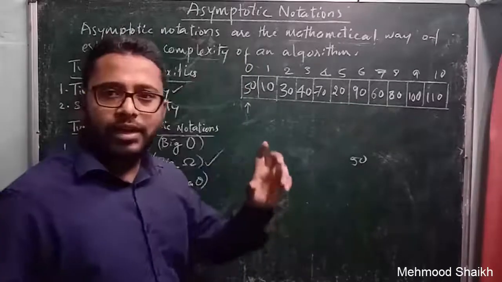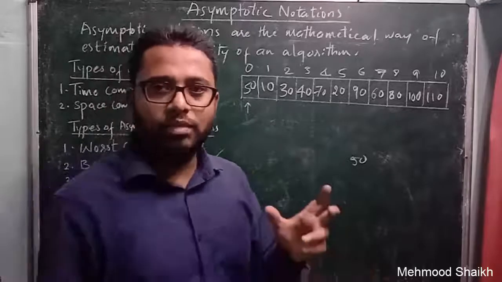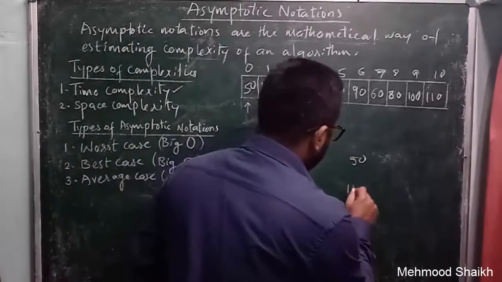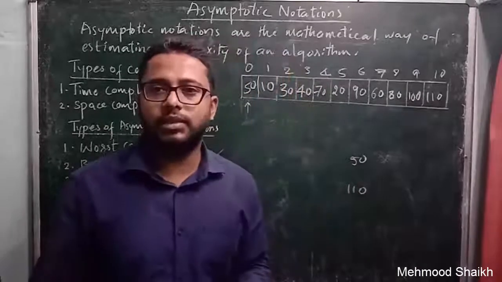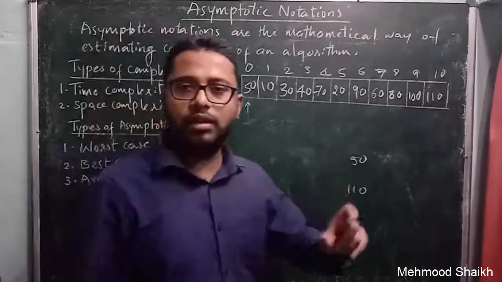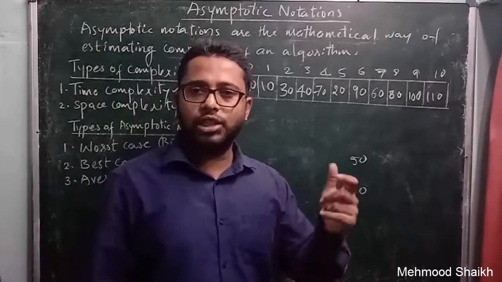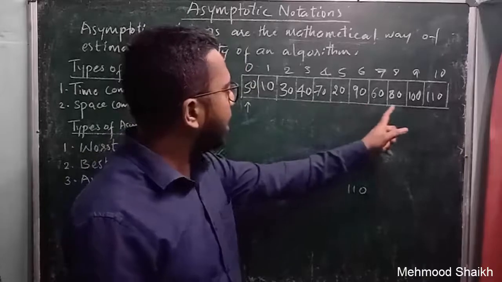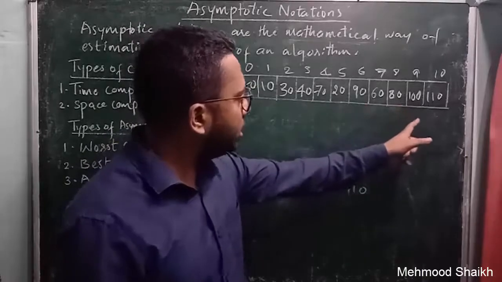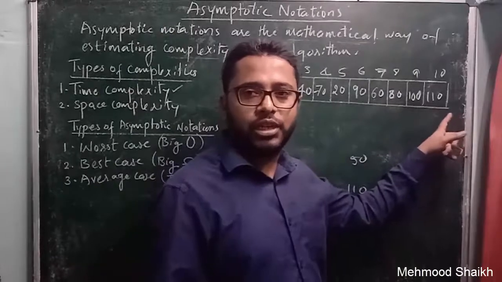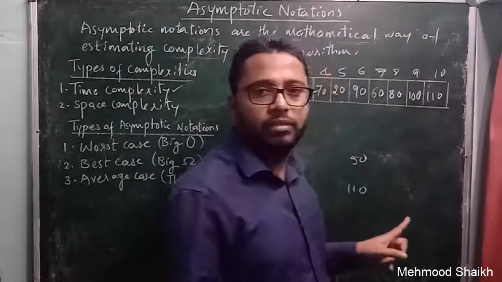So now I will take another case. Suppose the element which I am looking for is 110. Okay, so now for searching for this element, don't you think my algorithm has to iterate over each and every position of this array, and once it reaches the last position, then it will find that element.